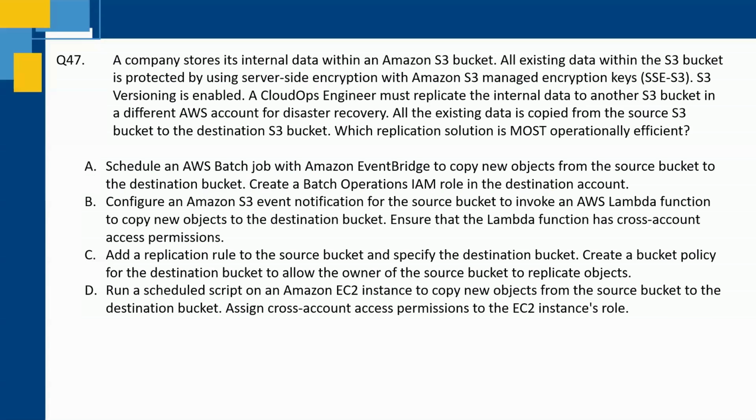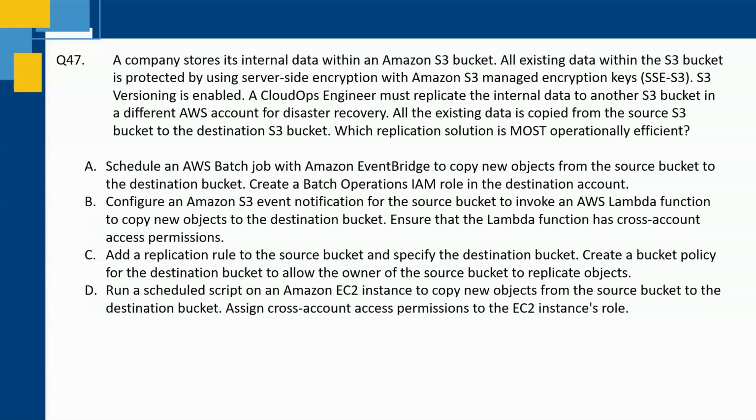The third option is to add a replication rule to the source bucket and specify the destination bucket, and create a bucket policy for the destination bucket to allow the owner of the source bucket to replicate objects. The fourth is to run a scheduled script on an Amazon EC2 instance to copy new objects from the source bucket to the destination bucket, and assign cross-account access permissions to the EC2 instance role.